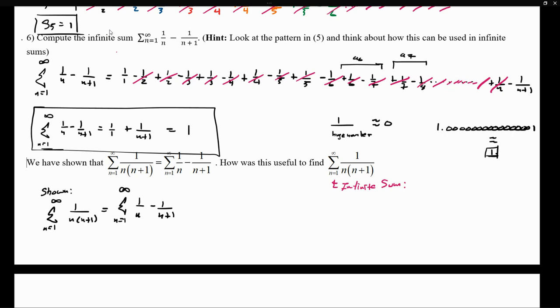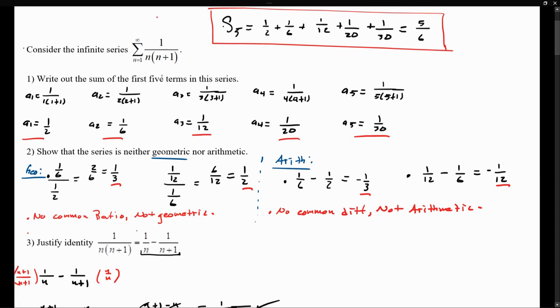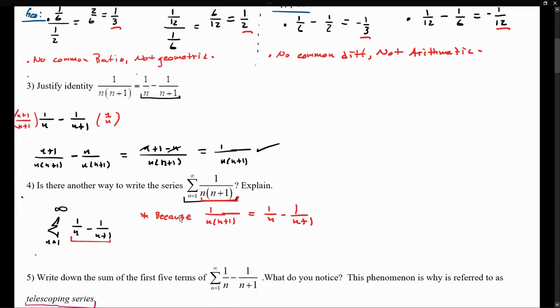Initially, we stated that this initial series is neither geometric nor arithmetic. Therefore, we cannot use the sum formulas that we have discussed previously. But we saw that there was a different way that we were able to rewrite the function. We were able to just look at the expression and write it in 2 different terms.